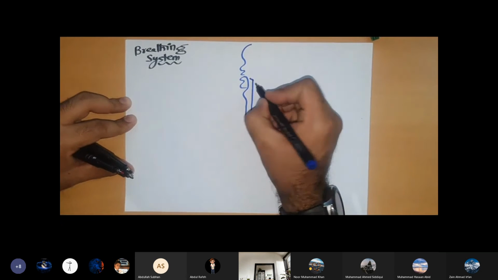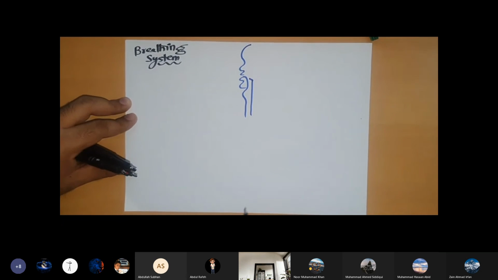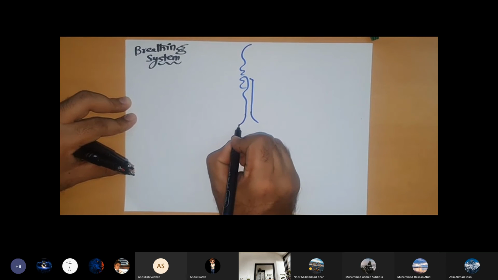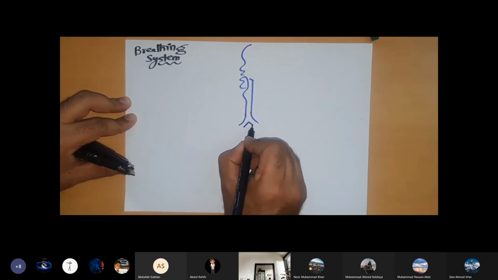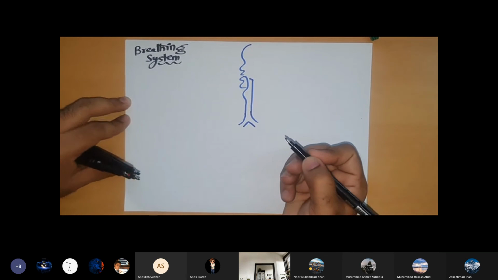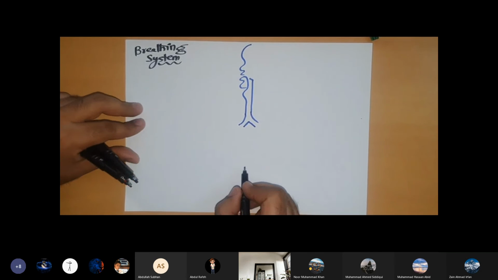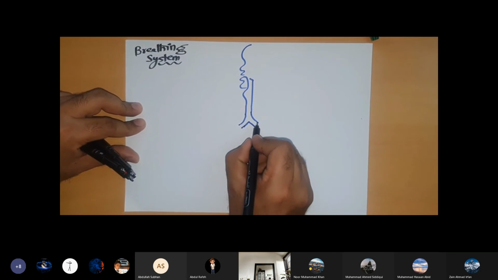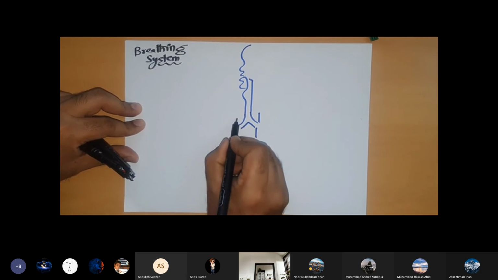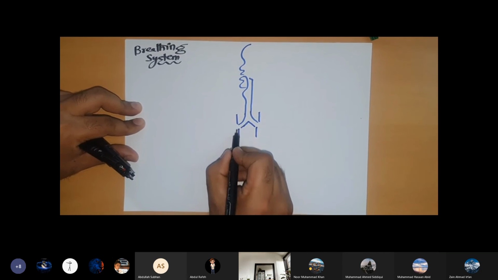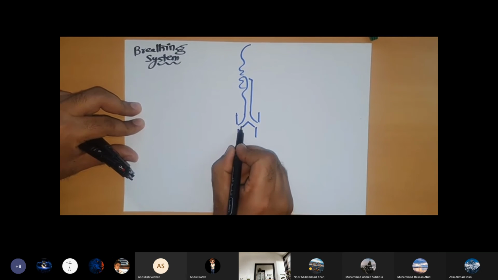Over here, just draw a structure like this, and afterwards draw a bifurcation in the tube which we have already drawn. Now after drawing the bifurcation, draw two lines on each side, and these lines should be of equal size or at equal level from both sides.